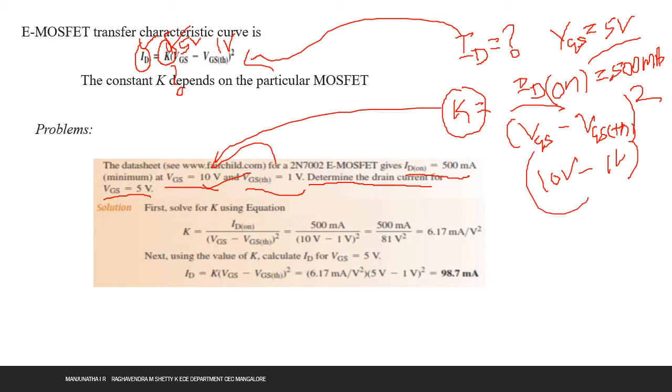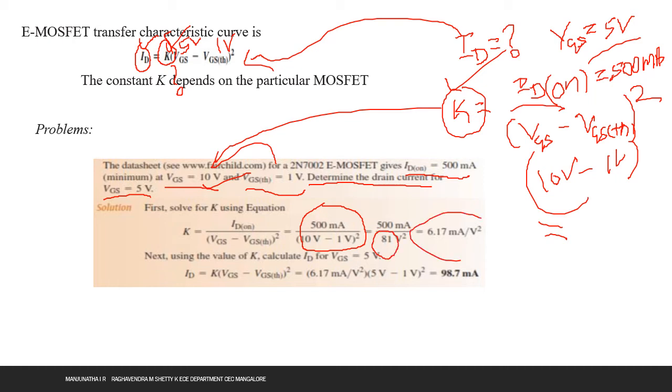So after I substitute these values, I am able to get the value for K. The same thing is written here. 10 minus 1 volt whole square is 9 whole square, which is 81, since 9 nines are 81.